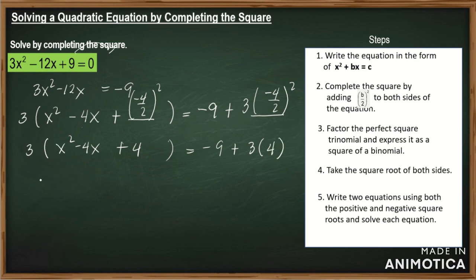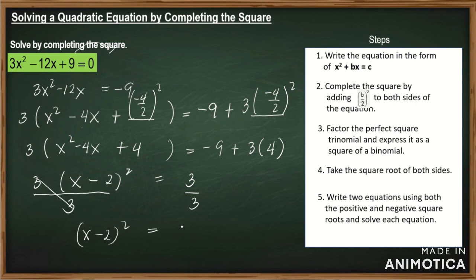Okay, express this one as a square of a binomial. So we have x minus half of negative 4, which is negative 2, then we square it. Then 12 minus 9 is equal to 3. Then we divide both sides by 3. So we have x minus 2 squared is equal to 1.